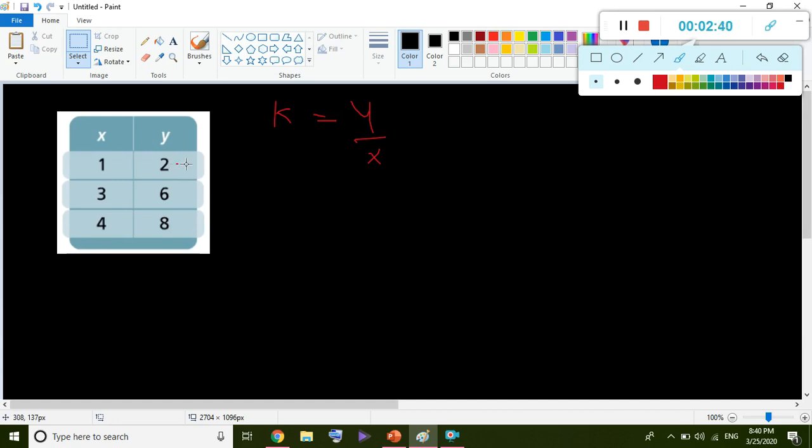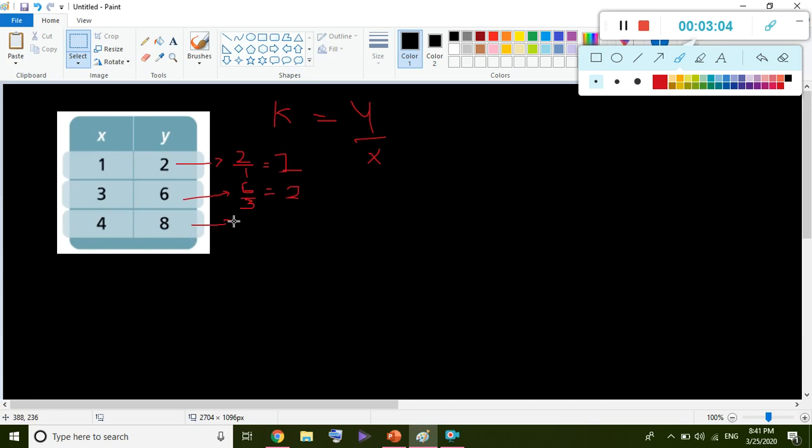So now let's see. k here is going to be equal to y over x, which is 2 over 1, which is equal to 2. Let's check here. That's going to be 6 over 3, which is equal to 2.